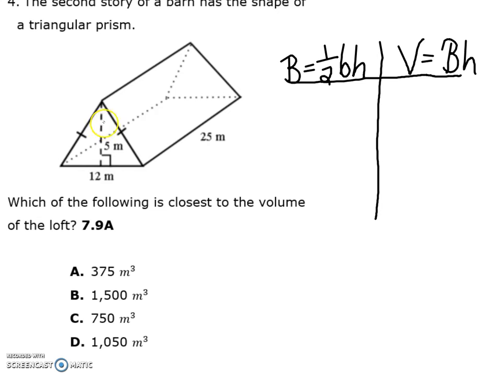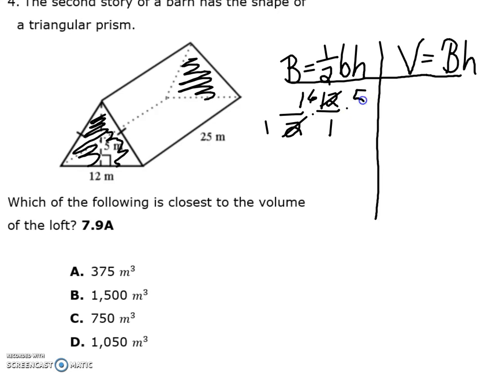Looking at my base, it is the triangle. And so I'm going to say 1/2 of 12 is 6. And 6 times 5 is 30. So the area of the base is 30. 30 times the height of the prism, which is 25.